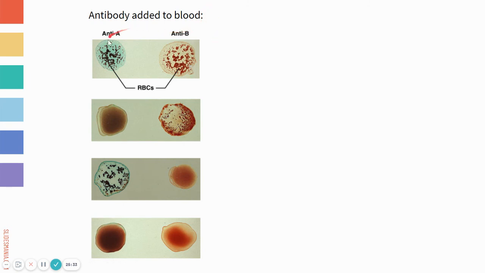In this first picture, we have 2 samples of blood, a drop here and a drop here, and we're adding anti-A antibody to here and anti-B antibody to here. And we're seeing clumping in both of these pictures. So that's suggesting that we've got an A antigen present and a B antigen present on our blood cells. And this would mean that this blood is type AB.